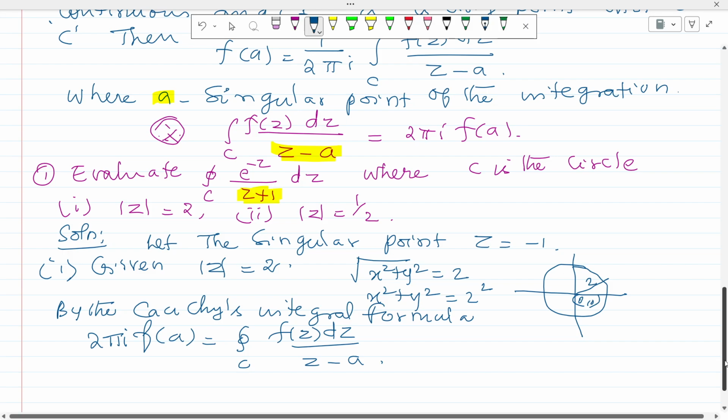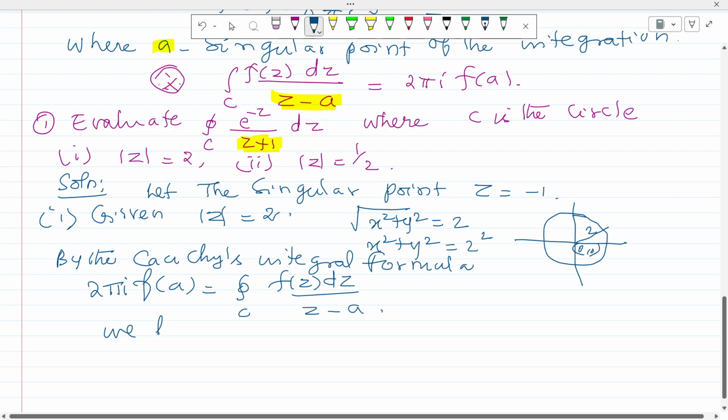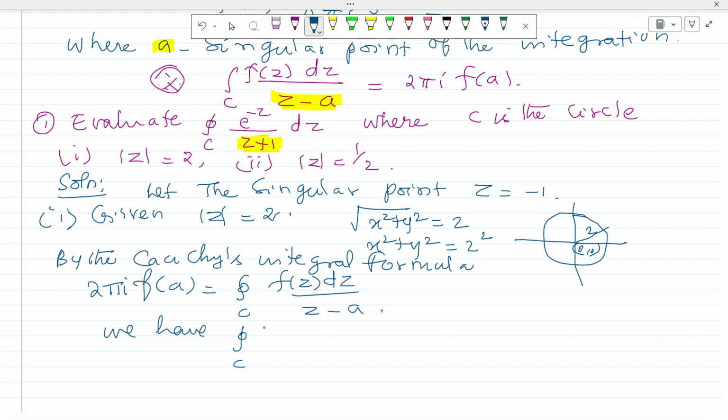Now we have the integral over the closed curve C of e power minus z by z plus 1 dz.